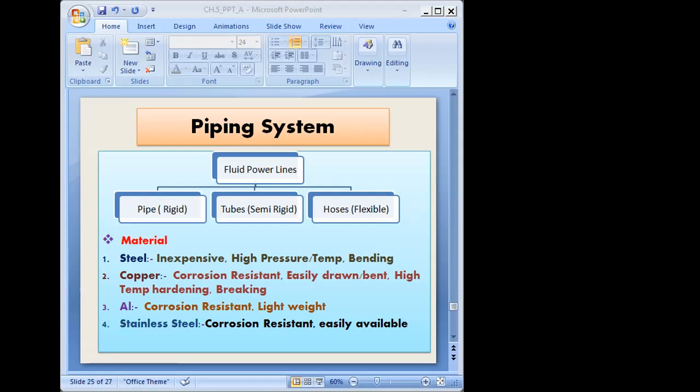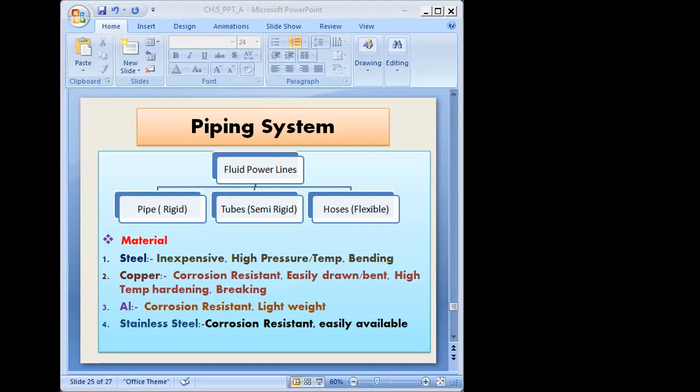Then we have the semi-rigid, called tube, and the flexible fluid power line, that is hoses. So these are the three types of fluid lines normally used in fluid power applications. Once again I am repeating: rigid, semi-rigid, and flexible piping.